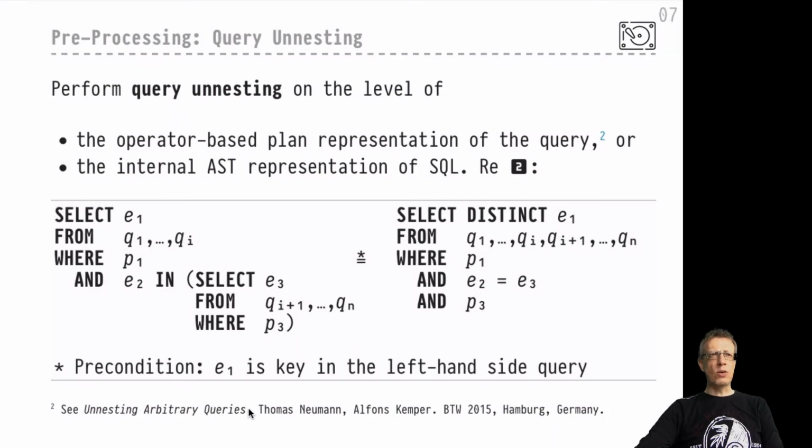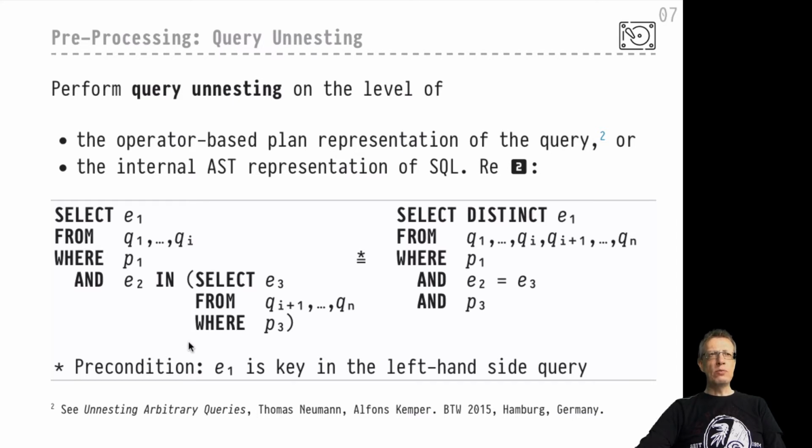So any nesting whatsoever that would be admissible on the level of SQL syntax could also be removed, this paper states, on the level of plan tree reorganizations. I can only recommend this paper very highly. I think it's rather accessible in all its details, and it makes for a very modern and very complete approach to the unnesting problem.